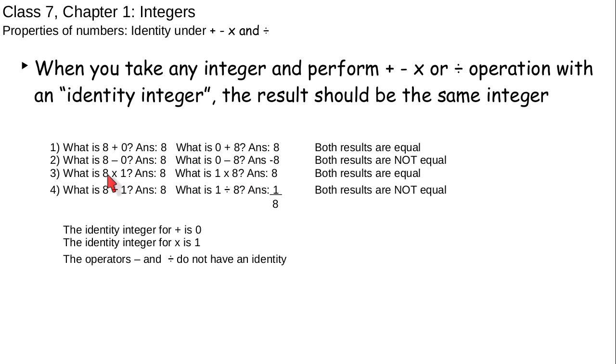So 25 into 1 is 25. 1 into 25 is also 25. 102 into 1 is 102. 1 into 102 is also 102. Therefore, even after jumbling or reversing the sequence, the result is still the same. Therefore, the identity integer for multiplication is 1.